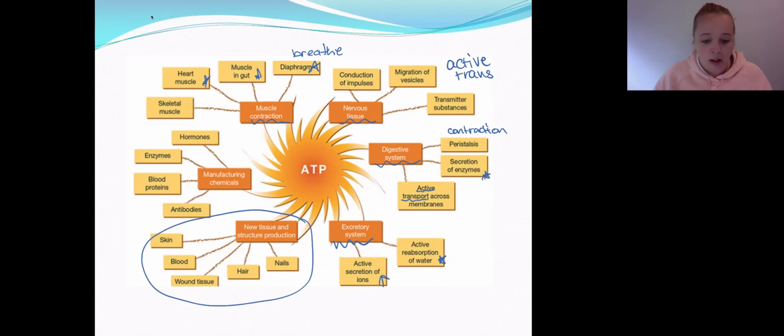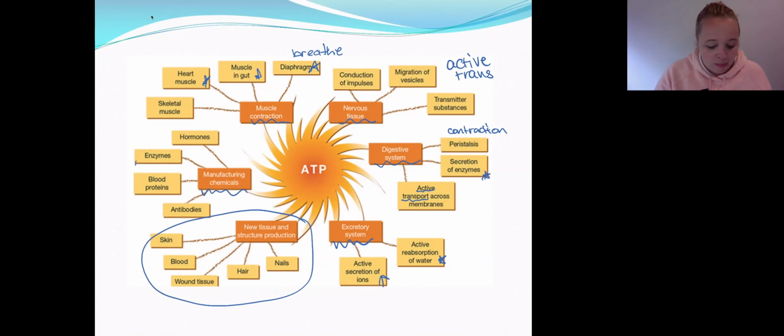The next section we're going to look at is new tissue and structure production. Without ATP, you can't make any of my nails, which I wish I could get done right now. You can't make any new hair. You can't repair wounds. You can't make new blood in case you get cut and lose some blood, and you can't make any new skin. So it's very, very important for that. And then the last bit is something we've focused on a lot already, the manufacture of chemicals.